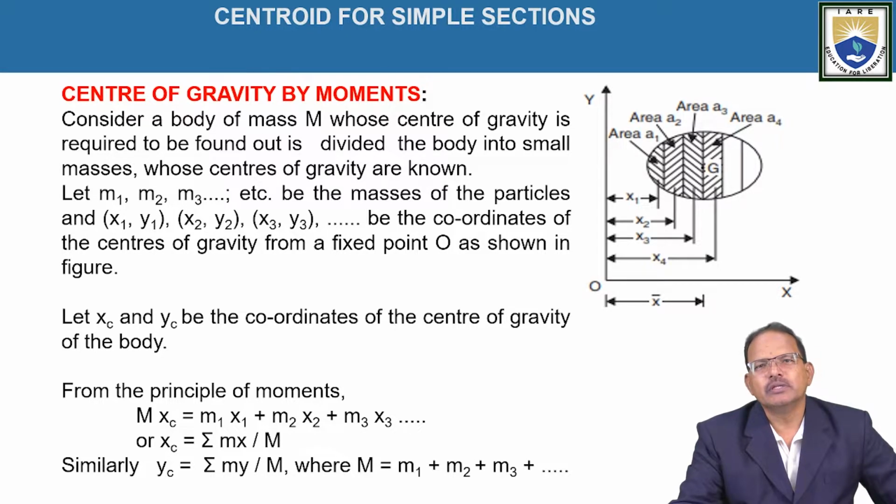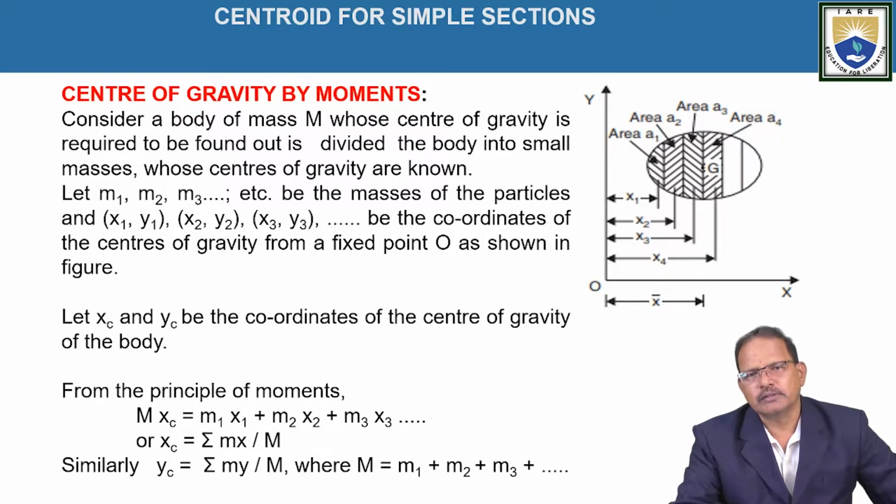Where xc is the position of the centroid of the whole object with respect to the y-axis, and x1, x2, x3 are the centroids of segments having masses m1, m2, m3 respectively.